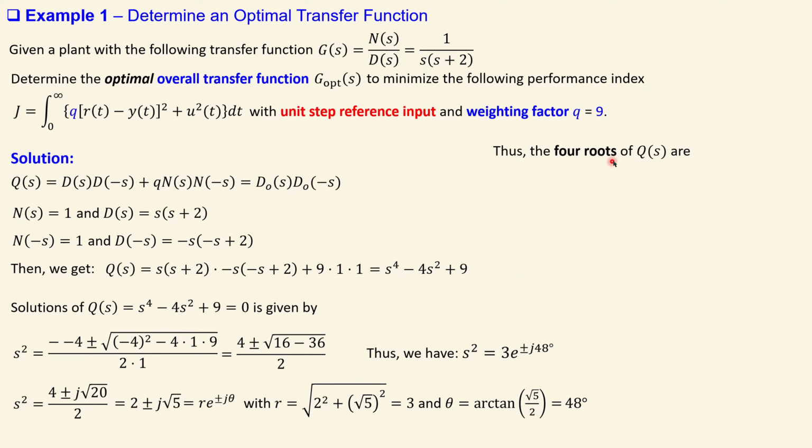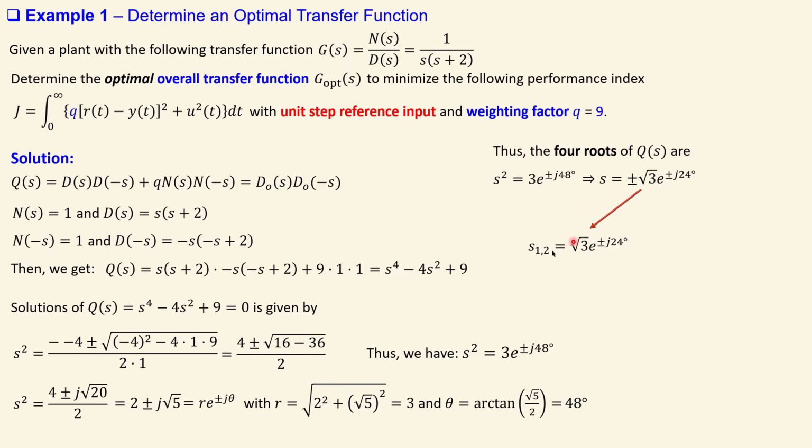So the 4 roots or 4 solutions for our q are given by this. This is what we had, and this can also be written in this form, so you can just take the square root of the left and the right hand side, but you know that it will be plus or minus the square root of 3, and also the angle goes by 2, so you will divide it by 2 if you take the square root of it. Now you will have 2 solutions for each, so the plus and also the minus.